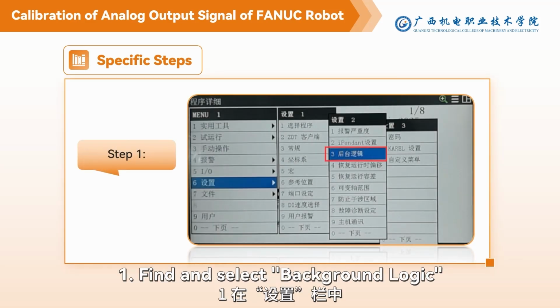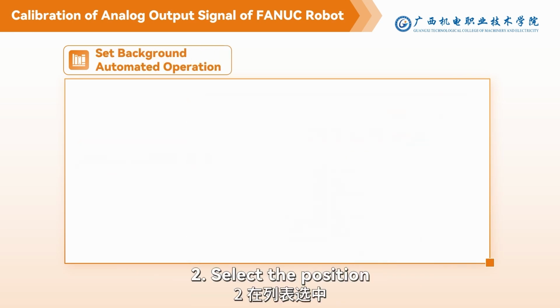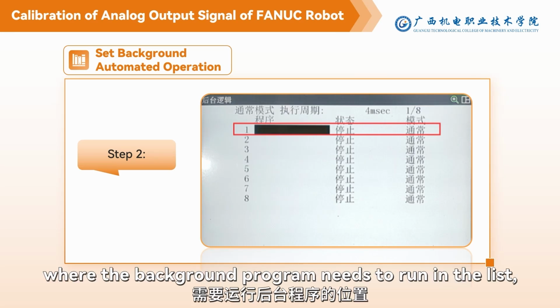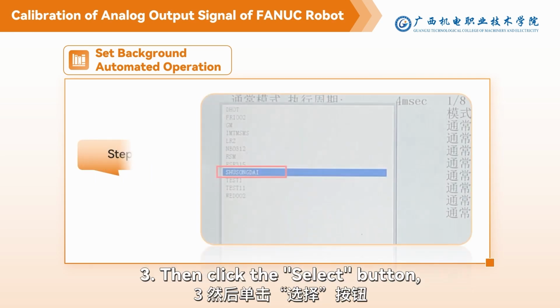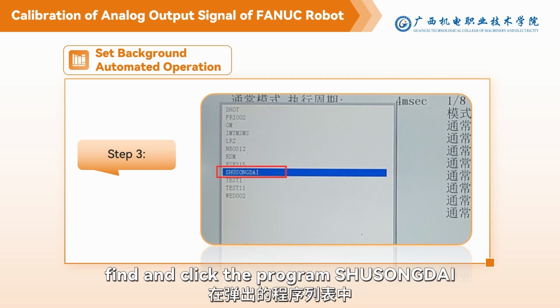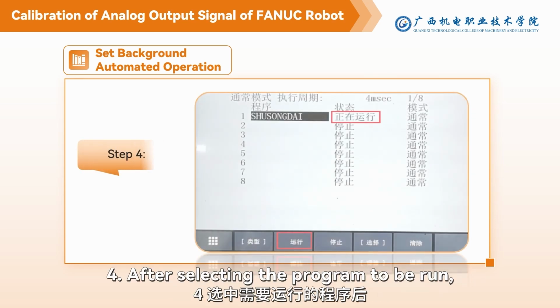1. Find and select background logic in the setting column. 2. Select the position where the background program needs to run in the list, and here, select the first line. 3. Then click the Select button. Find and click the program 输送带 in the pop-up program list. 4.